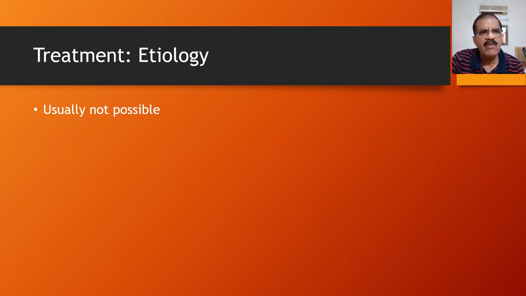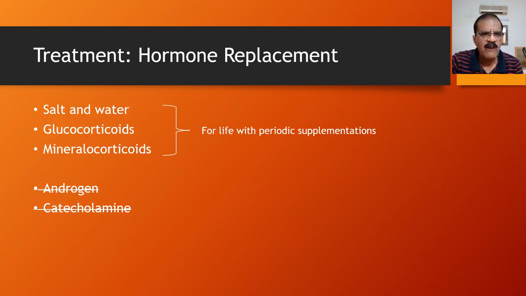And there is destruction. We have already learned that there has to be 90% or more destruction of the adrenal gland before somebody develops this deficiency. So even if you try to treat the etiology, the patient will still need replacement therapy. So etiology treatment is usually not possible.